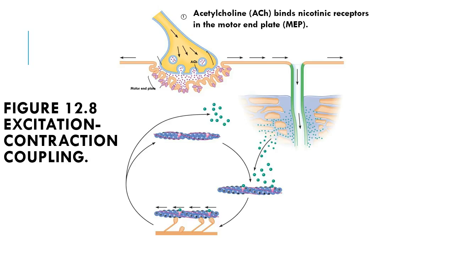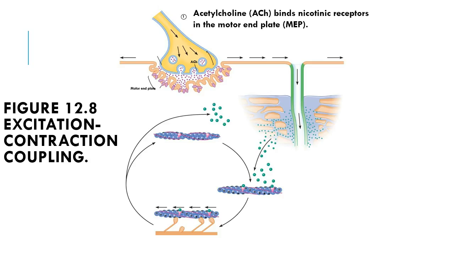Conveniently located, though, on the rest of the sarcolemma are voltage-gated channels. So what could the rest of the sarcolemma do? Depolarize to threshold and generate an action potential. So on your muscle cell sarcolemma, draw some voltage-gated channels. Those are not shown here. They're implied by these arrows.